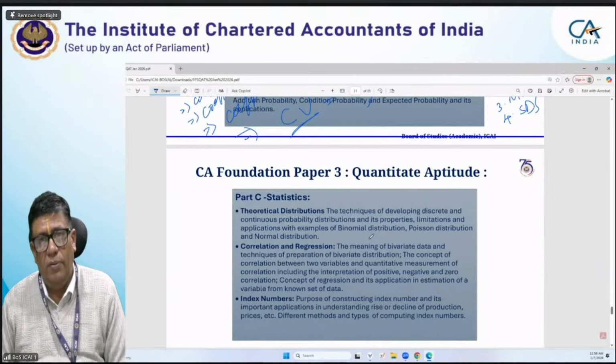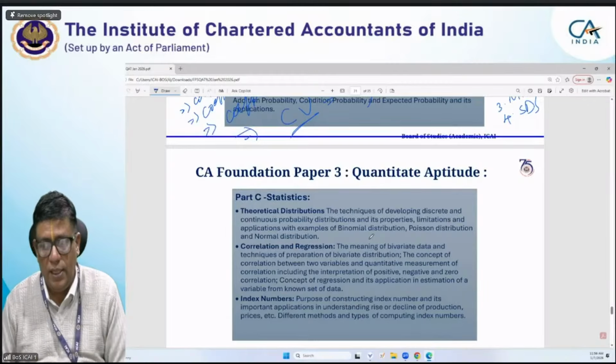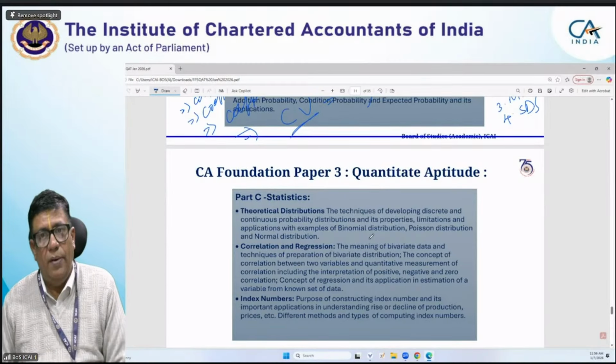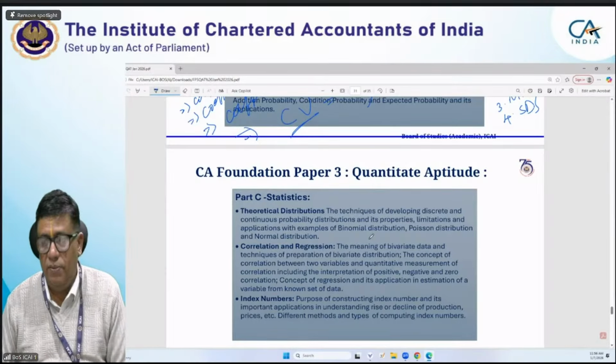There is a relation, meaning correlation: whether it is positive or negative, and its degree. If one is increasing and the other is also increasing in the same direction, or both decreasing, we say there is a positive correlation.